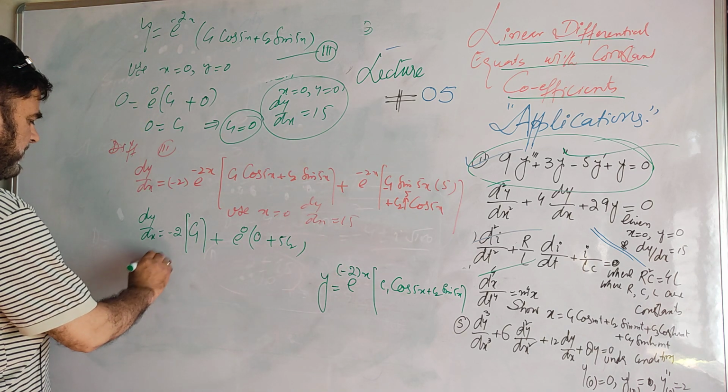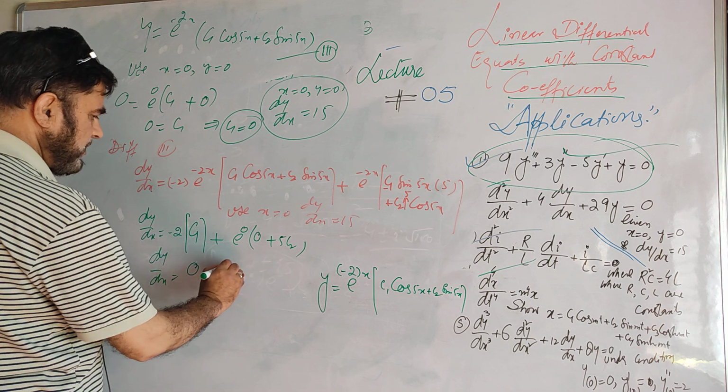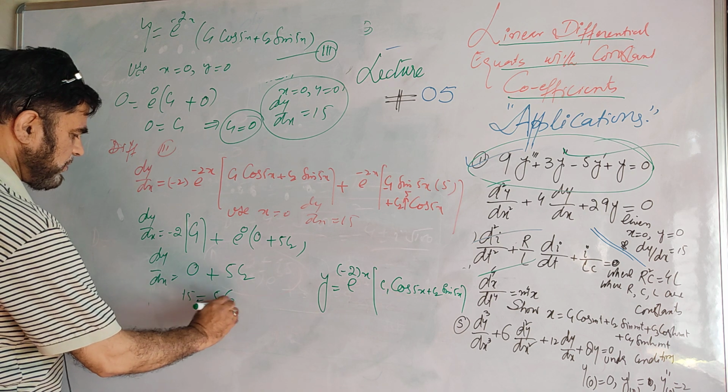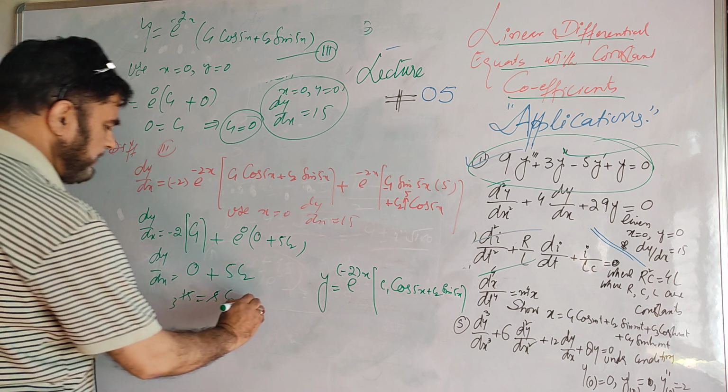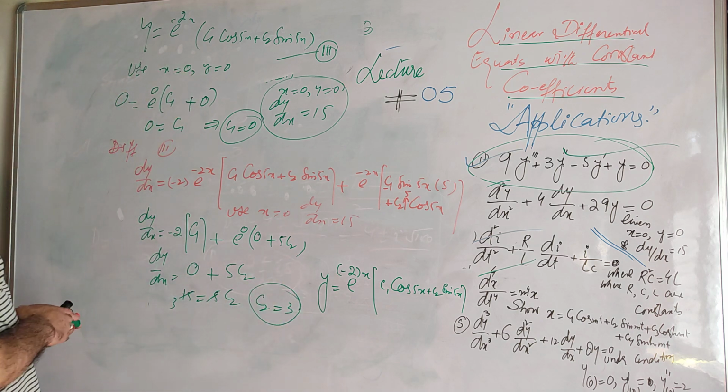So this is dy by dx, but c1 is 0, plus it is 5c2. Using dy by dx, 15 is equal to 5c2, it is 5 threes are 15, that means your c2 is 3.